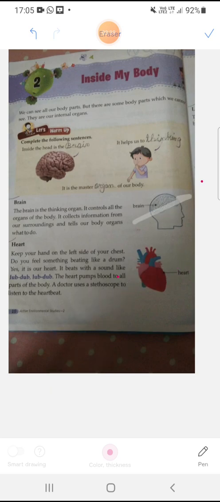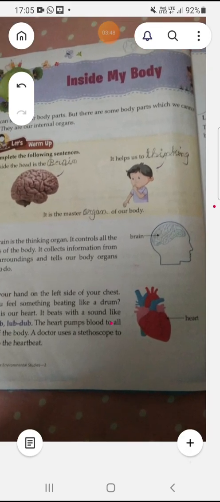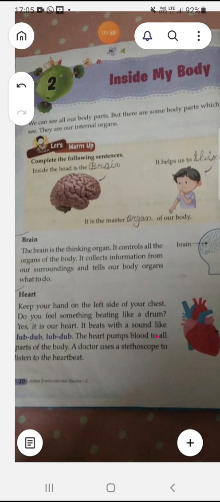From your book, we can see all our body parts, but there are some body parts which we cannot see. They are our internal organs.